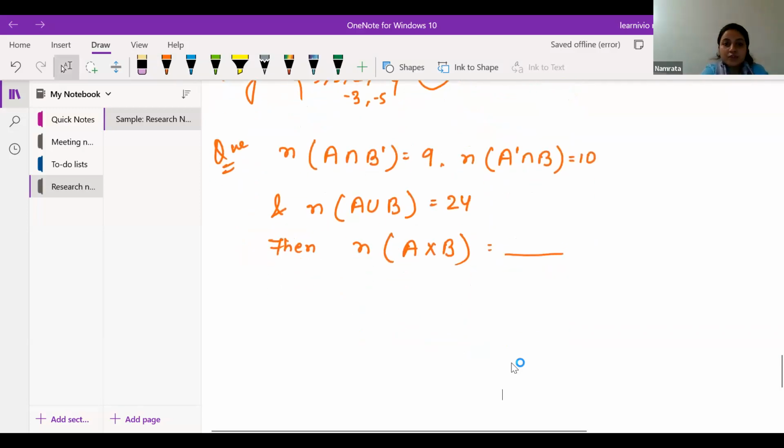So what is the meaning of A complement B? Anyone? What's the meaning of A intersection B complement?